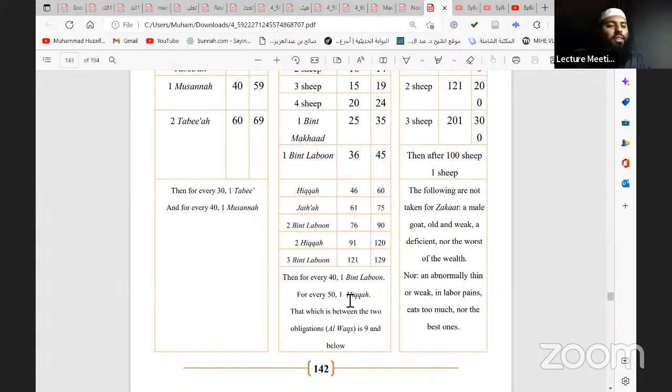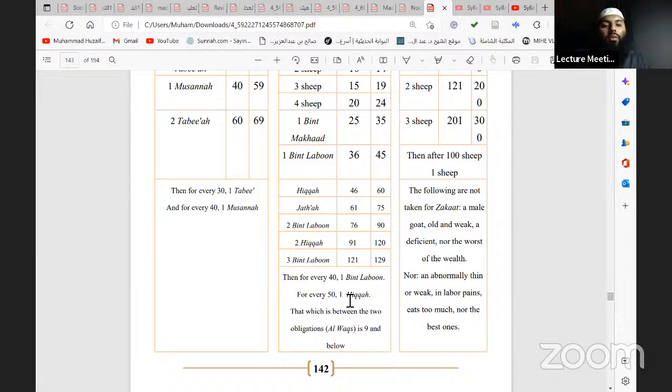Good. If I said 160, 3 hiqqa, 1 bint laboon.